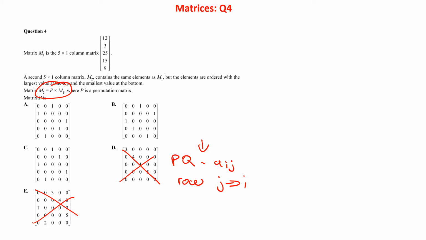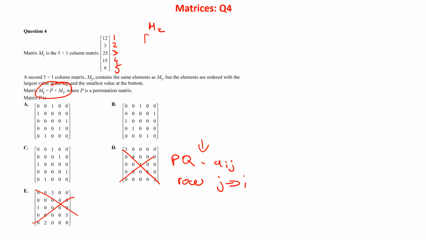So let's have a look. I'm going to call this 1, 2, 3, 4, 5, and I'm doing that for a reason, because it says M2 contains the same elements. This is M1, and now I want to do M2, but the elements are ordered with the largest value at the top and the smallest value at the bottom.